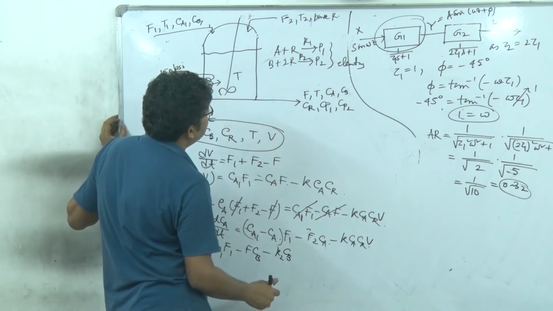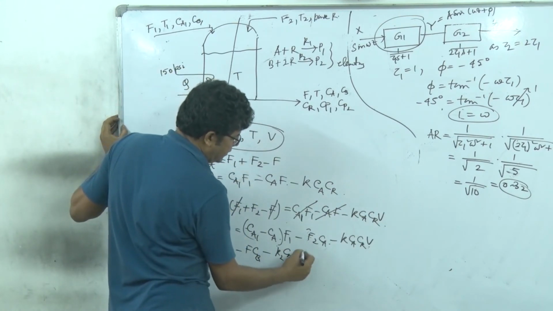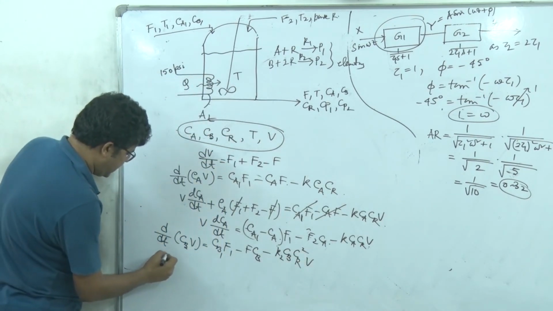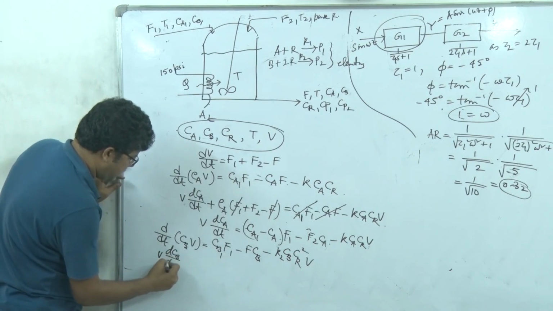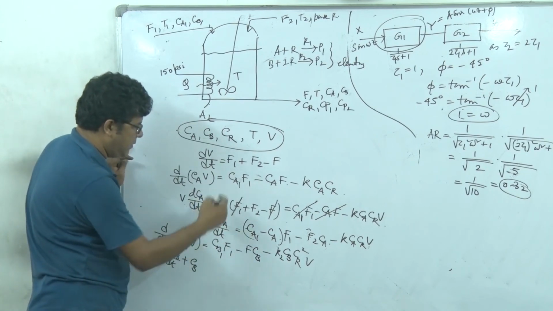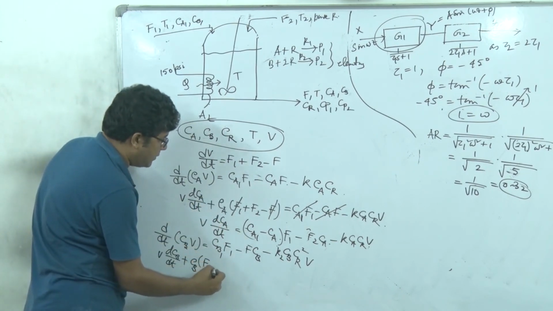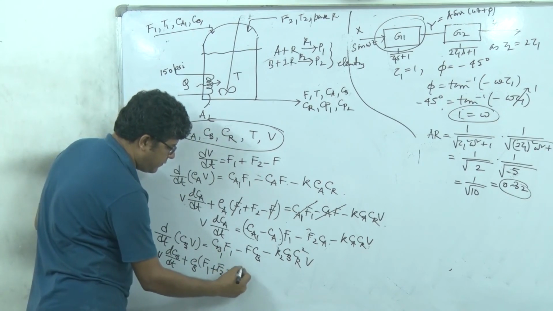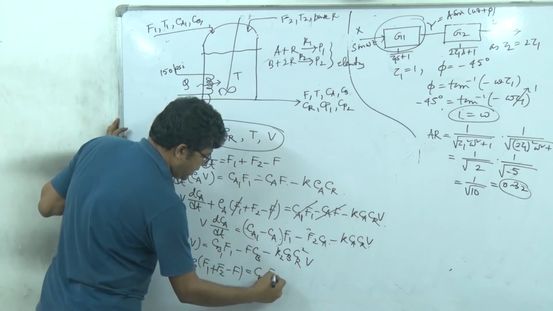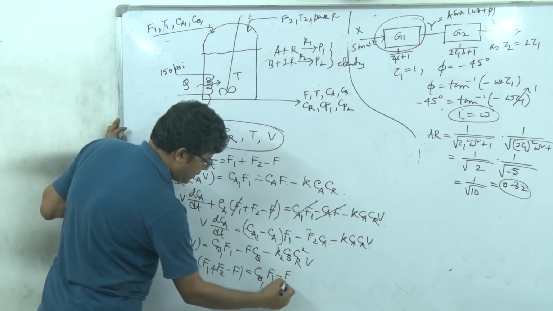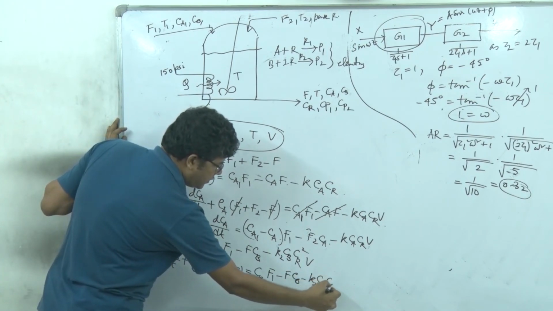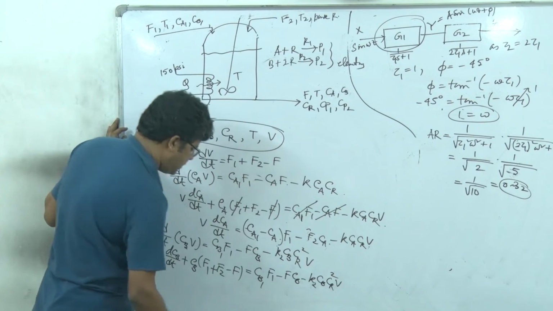K2 into Cv into Cr square into V. So V into dCv dt plus Cv into dV dt. dV dt is again F1 plus F2 minus F is equal to Cv1 F1 minus F into Cv minus K2 into Cv into Cr square into V.